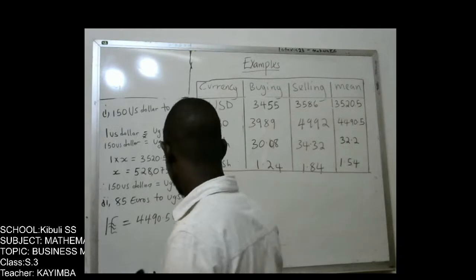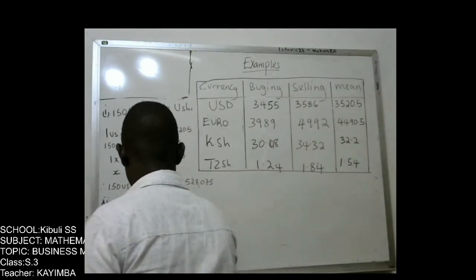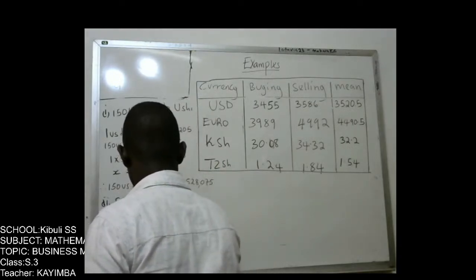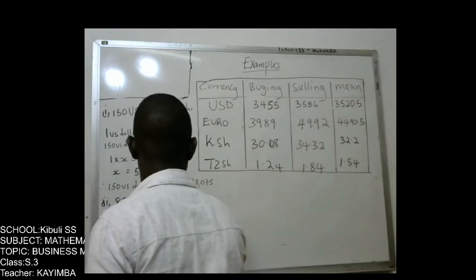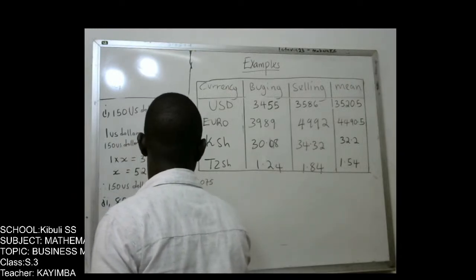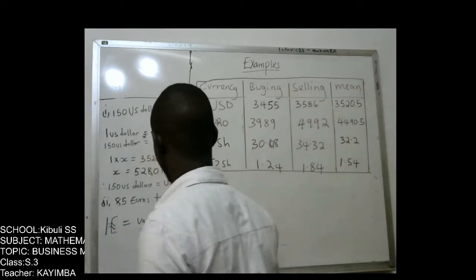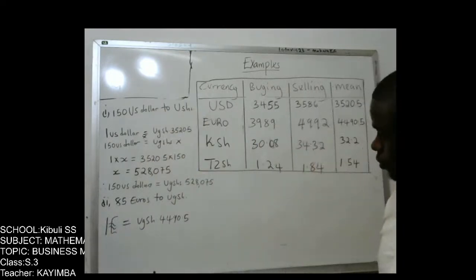It's better you start with these Ugandan shillings. 4490.5. Okay? We are on Roman 2.